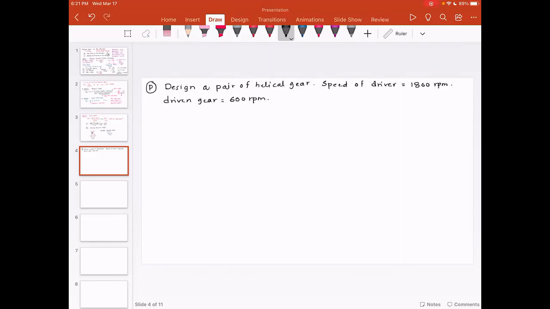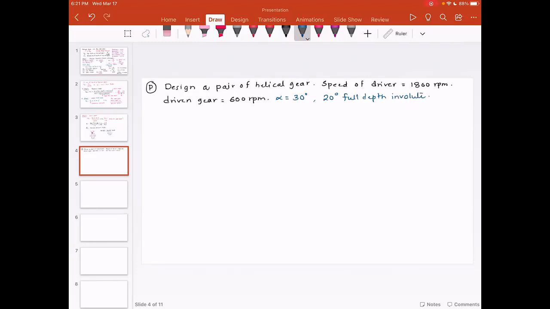The helix angle alpha is equal to 30 degrees, and the profile is 20 degrees full depth involute.